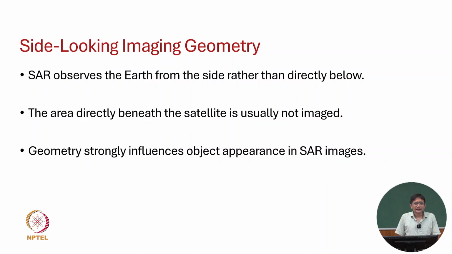So what happens is that SAR observes the Earth from the side rather than looking directly below. So the area that is directly beneath the satellite carrying the sensor is generally not imaged. Geometry strongly influences object appearances in the SAR images.